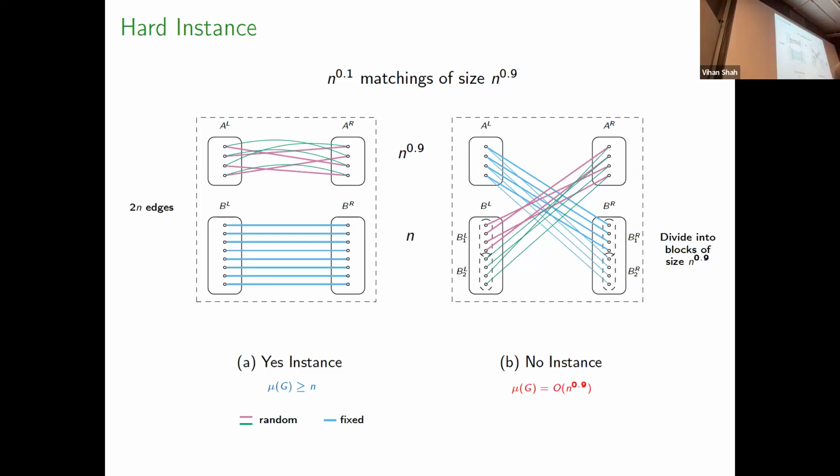And for the no case, you'll just add a perfect matching between A and maybe the first n to the 0.9 vertices here, and then A and the second n to the 0.9, and so on. So you keep adding a bunch of matchings between A and B. And this is just going to be the same thing, n to the 0.1 matchings in this.